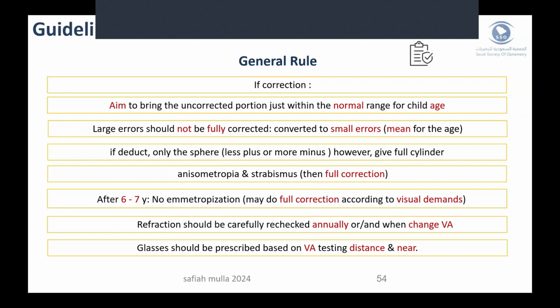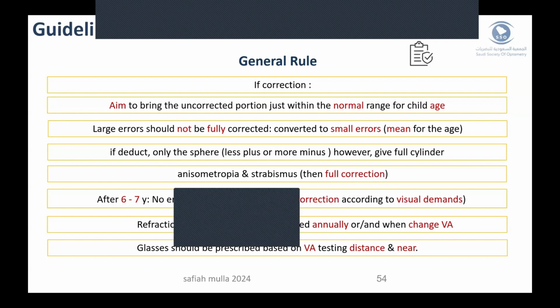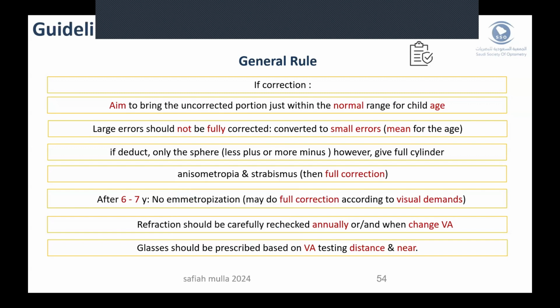You convert them to a small error according to the mean for the age, and that will allow them to proceed with the emmetropization process. If we decide to correct only the sphere, you give less plus or less minus, according to the condition that you have. However, you give them the full cylinder if they have astigmatism.